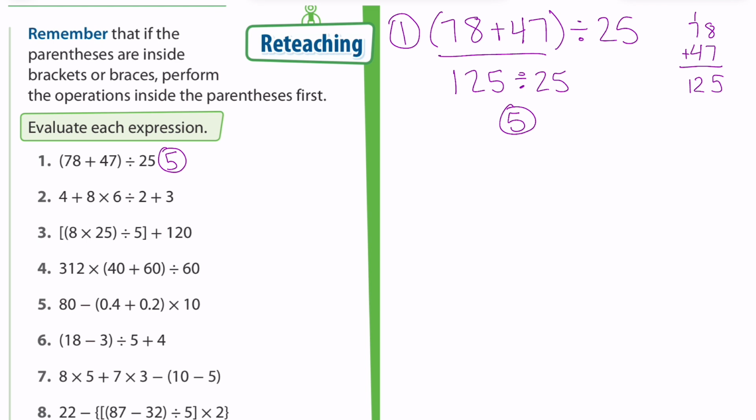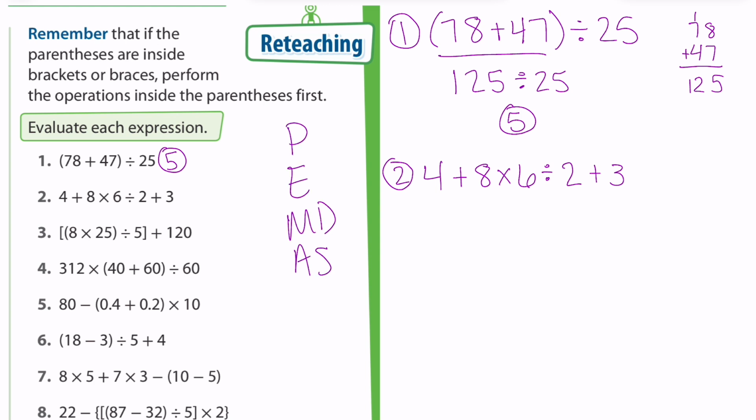Number 2, 4 plus 8 times 6 divided by 2 plus 3. So order of operations down here since I scrolled down. So first we have to do multiplication, and 8 times 6 is 48.